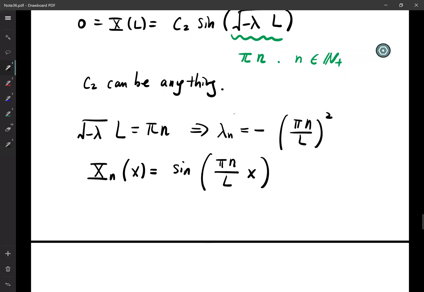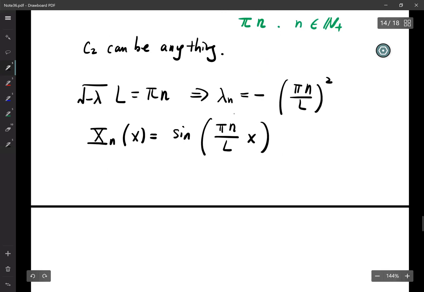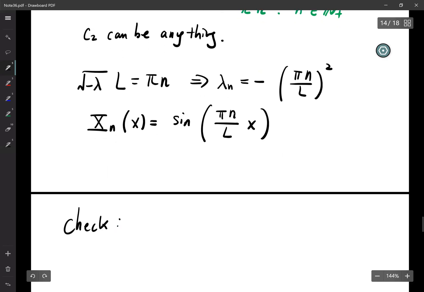Now if you're suspicious, let's check. First of all, we check that this is indeed an eigenfunction. All you need to do is to take the second order derivative. So indeed, you have a sine, take a derivative becomes cosine, cosine derivative becomes minus sine.